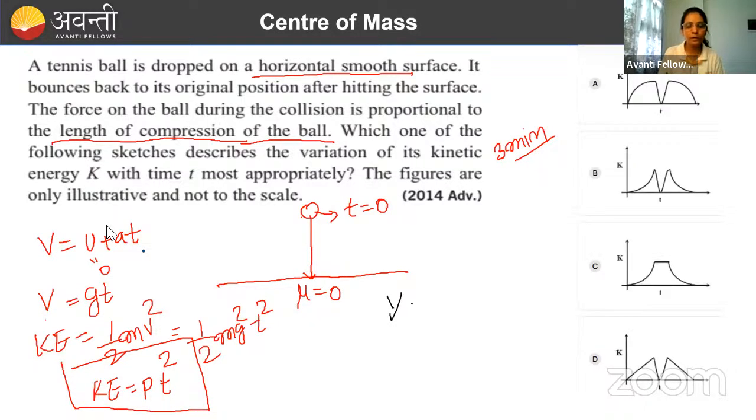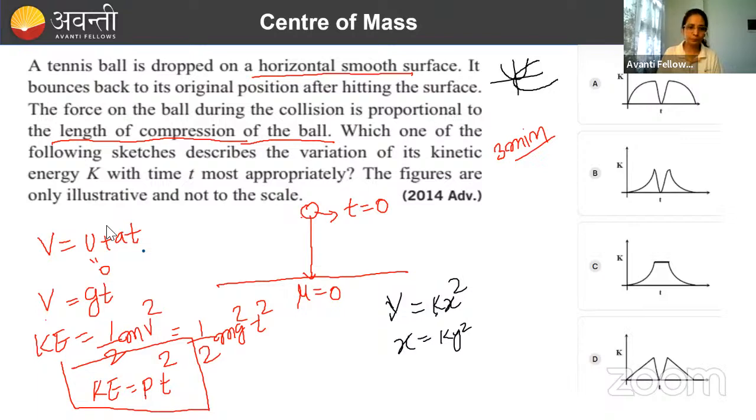It used to be like what? y is equal to kx square. If the equation is like this, it will be a parabola of something like this. And if it is x is equal to ky square, it will look something like this, if I'm not wrong. Then here kinetic energy is along the y-axis. So y equal to some constant into whatever variable is along the x-axis, that is t square.